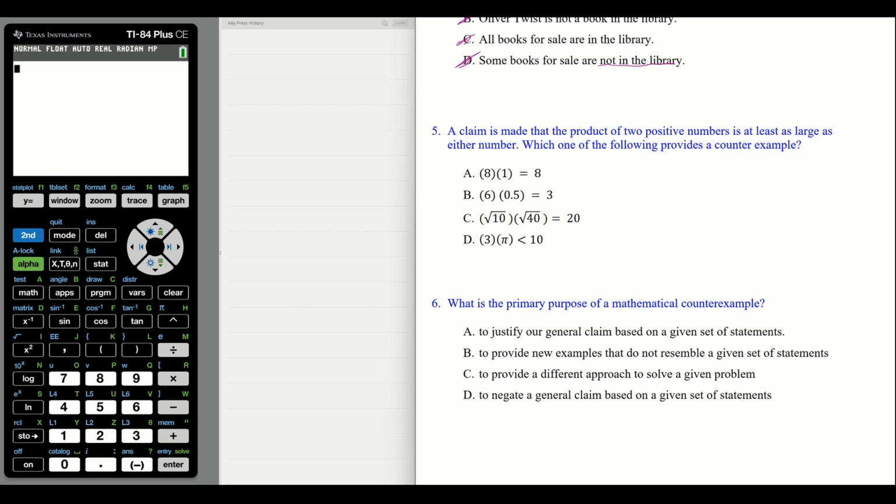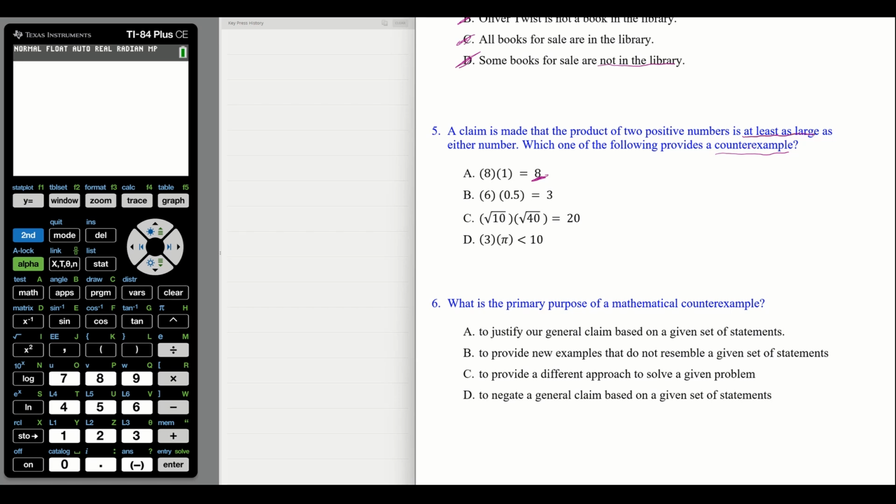A counterexample, meaning it shows that our claim is not true. Okay, what are we trying to show? Let's look at number 8. We're trying to say that number 8 has got to be at least as large or larger. It says at least as large.